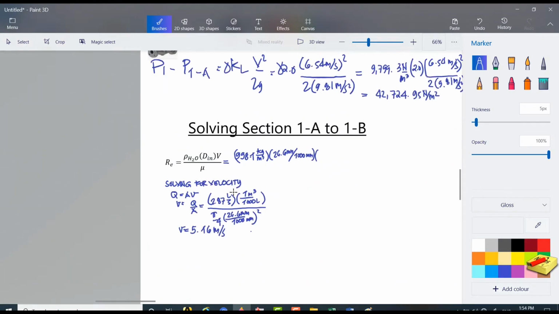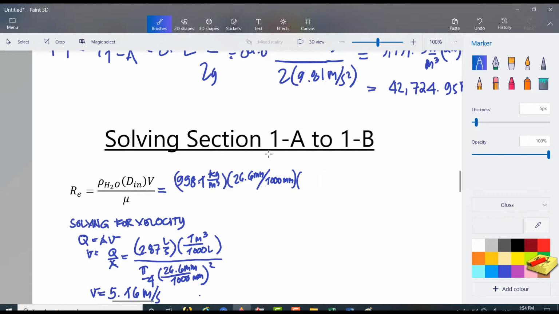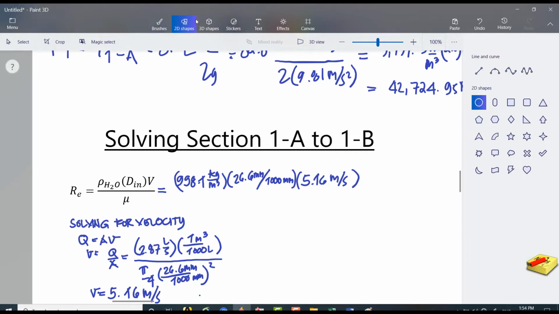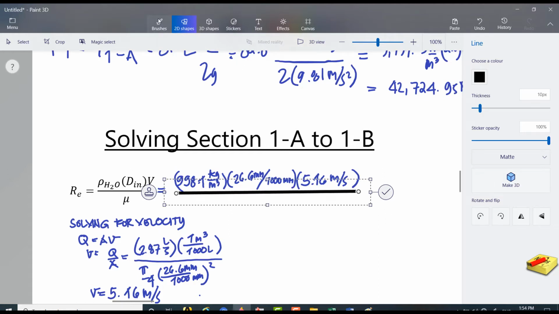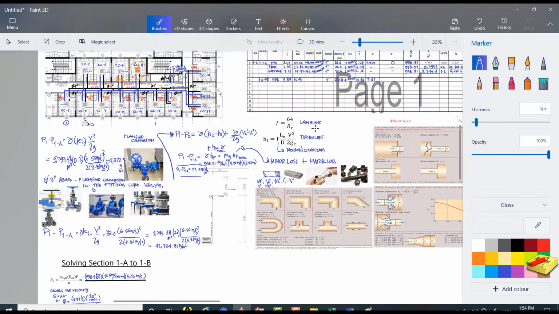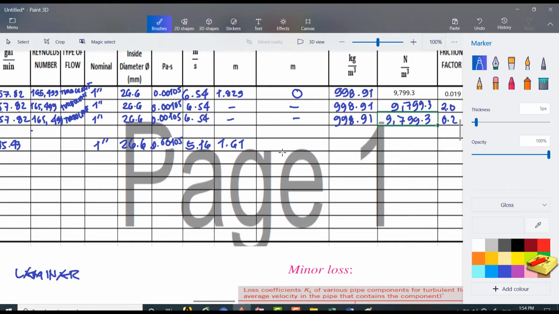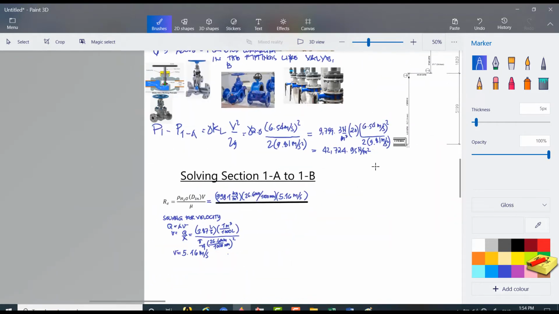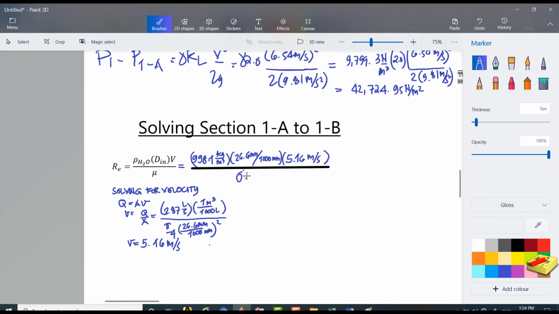Then let's compute the Reynolds number. We have the velocity, which is 5.16 meters per second, divided by the viscosity, 0.00105 Pascal second.